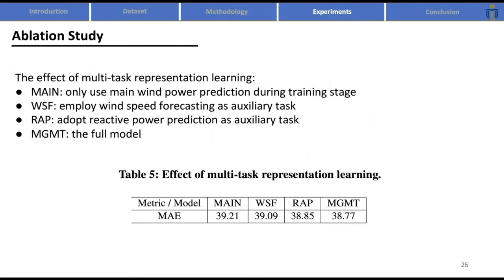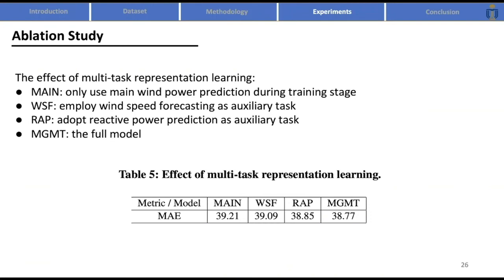In the experiment, we jointly train the wind power prediction task together with 2 relevant tasks, including reactive power forecasting and wind speed forecasting. Table 5 shows the effect of multitask representation learning. We compare 3 variants of the proposed model.